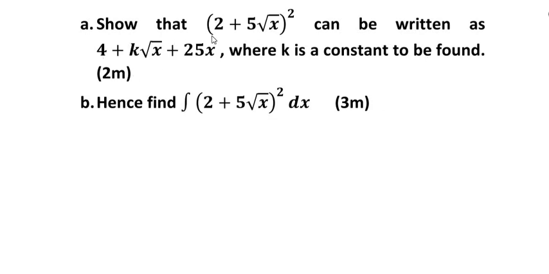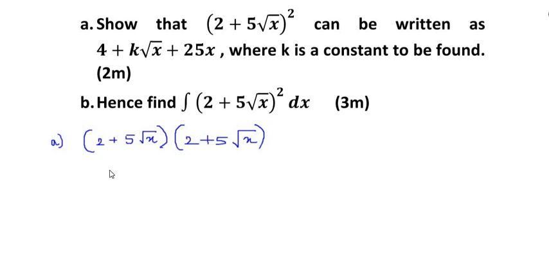So this is a basic algebra question, so we have to expand this bracket, and hence we are going to write it as (2 plus 5 root x) times (2 plus 5 root x). This is how we are going to expand (2 plus 5 root x) the whole squared.